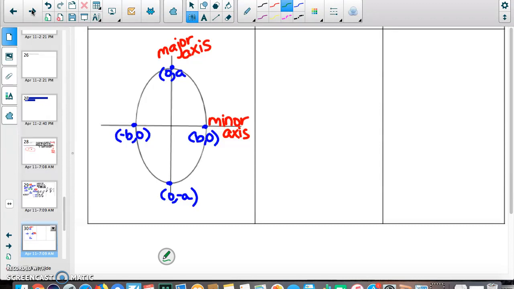So now that the major axis is on my Y, then my foci change to be on my Y as well. So this would be 0, C, 0, negative C.